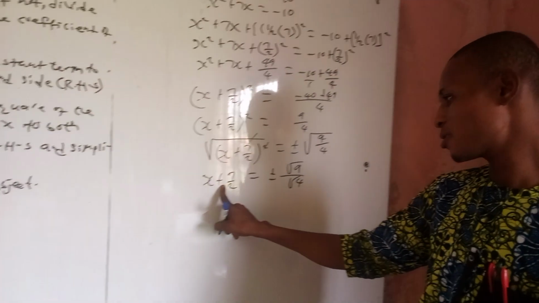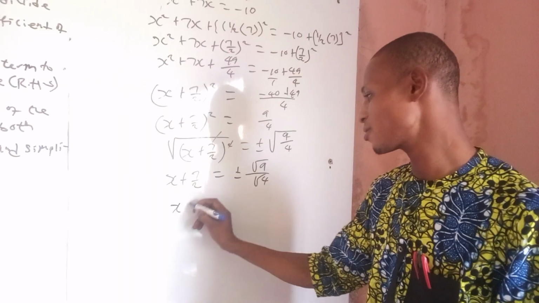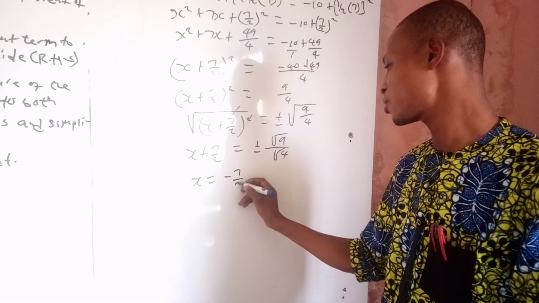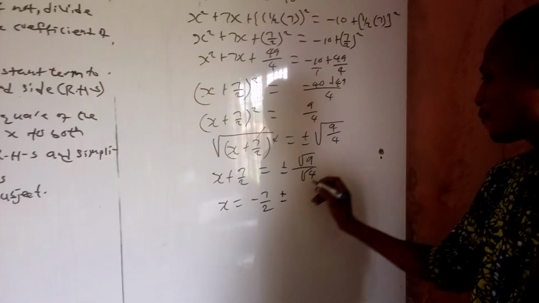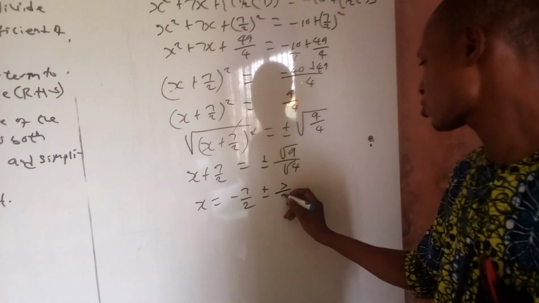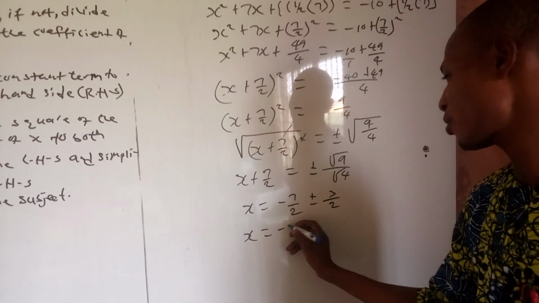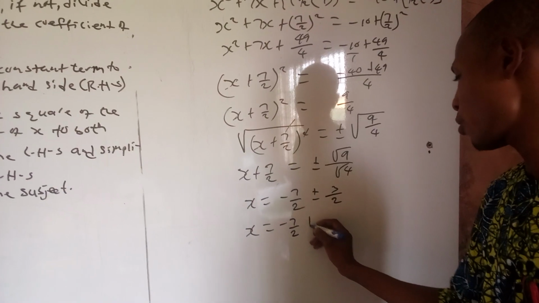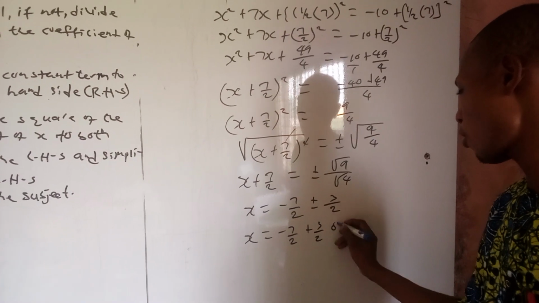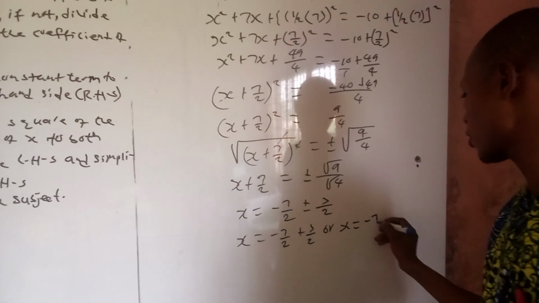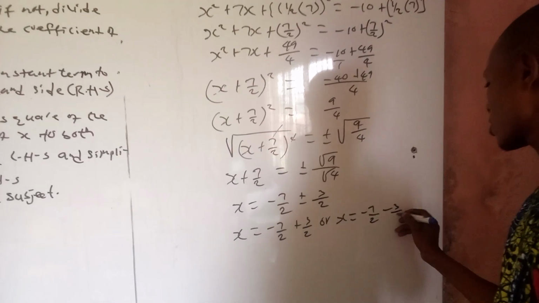If you take this 7 over 2 to the other side, we have x equals minus 7 over 2 plus or minus square root of 9, which is 3, over square root of 4, which is 2. So this simply means x equals minus 7 over 2 plus 3 over 2, or x equals minus 7 over 2 minus 3 over 2.